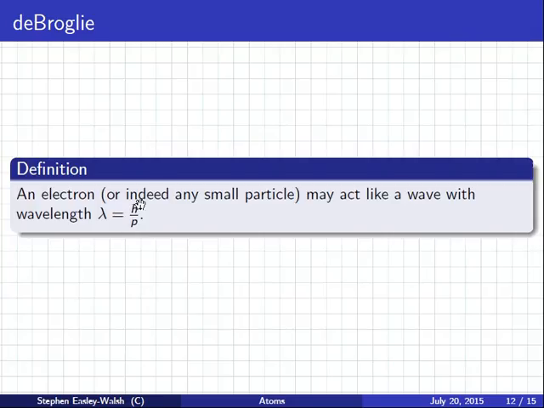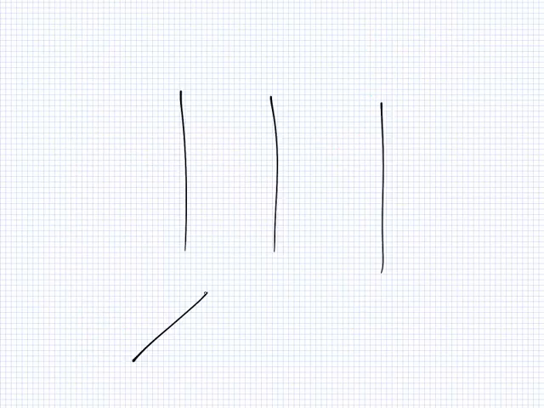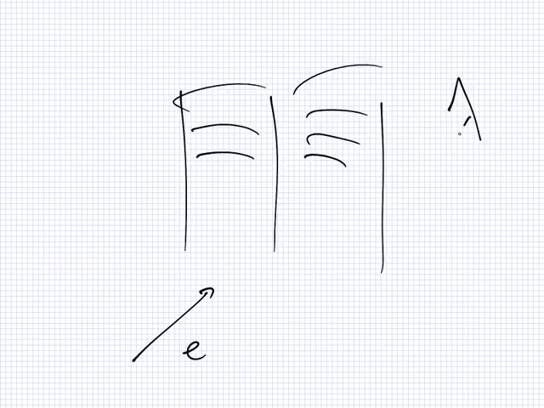What's h? Planck's constant. Remember from last class? Oh, yes. And p is momentum, mv. So, wait, before you write it down. You remember the double slit. So the electron comes in and then it acts like a wave. So it has a wavelength here.